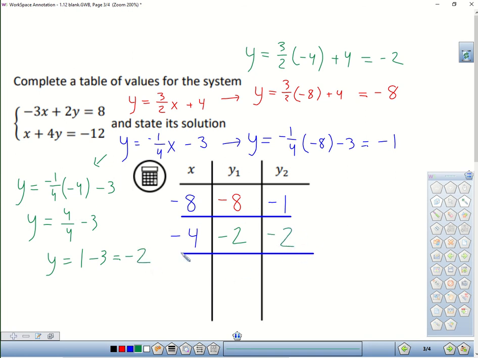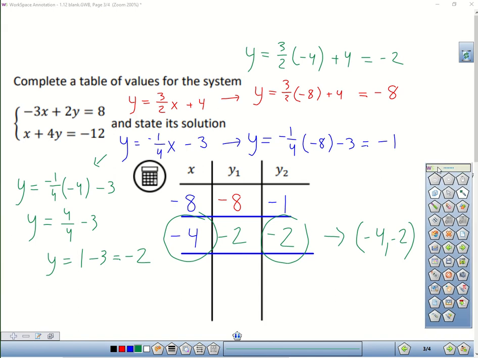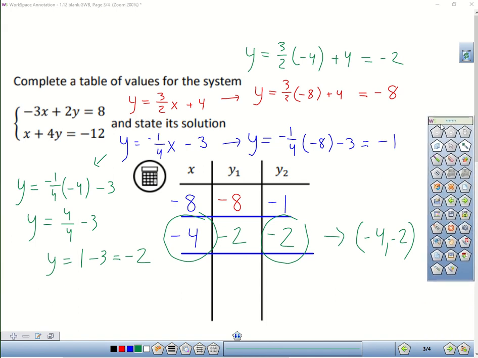So see how we see this as a solution here because the 2 y values match of the 2 different equations. So that means this is my coordinate. Okay, either one of the y's will do. -4, -2. And we already knew that because we already did the same exact question, but we did it graphically. Okay? So do we have any questions on this one? So basically you're just making a table and checking where the table has the same y values.